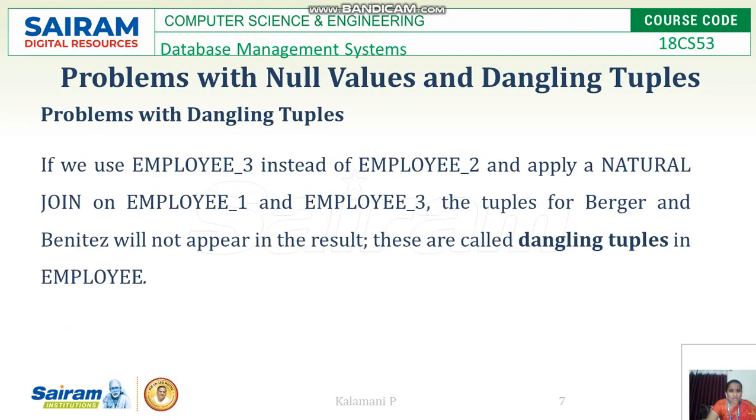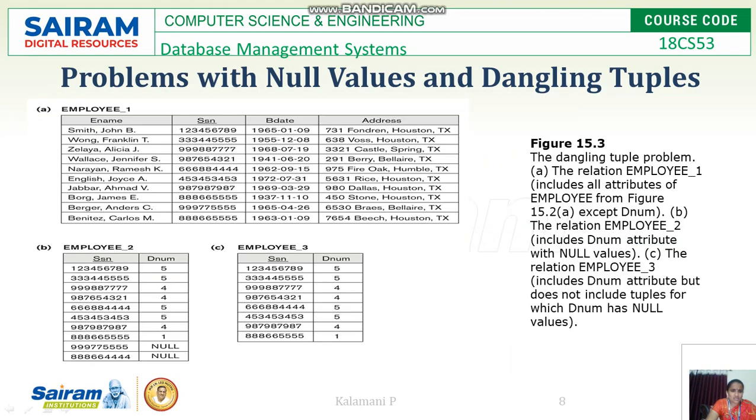Otherwise, if we use employee 3 instead of employee 2, then we can apply natural join on employee 1 and employee 3. For example, if we join employee 1 and 2, we get the correct value, because D number is not there and SSN is common, so all values will come.